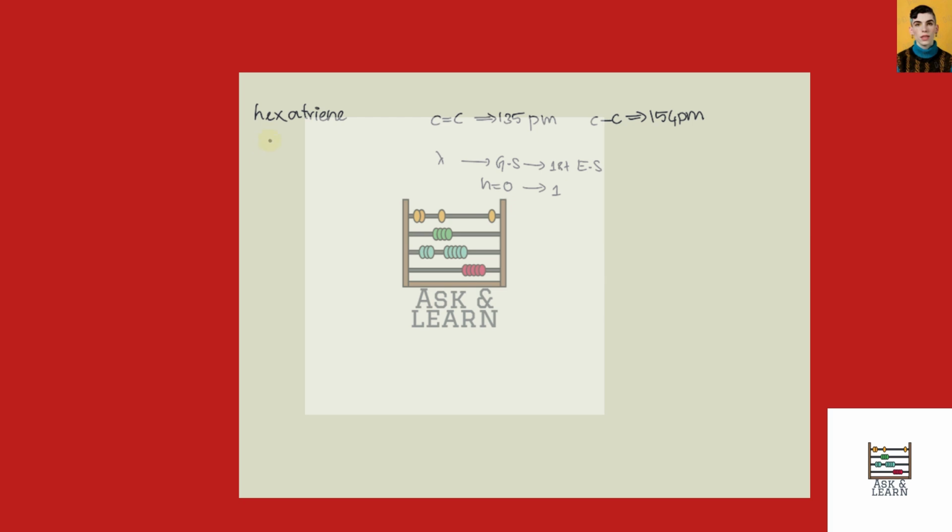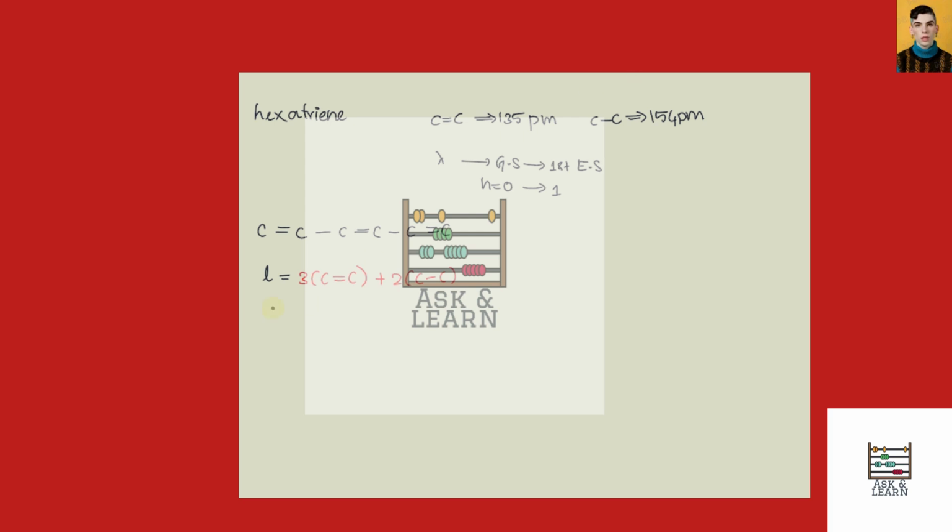So coming to hexatriene, it consists of a 6 carbon chain. Here there are 3 double bonds and 2 single carbon-carbon bonds present, and hence the total length of the molecule will be equal to 3 into the carbon-carbon double bond length plus 2 into the carbon-carbon single bond length.